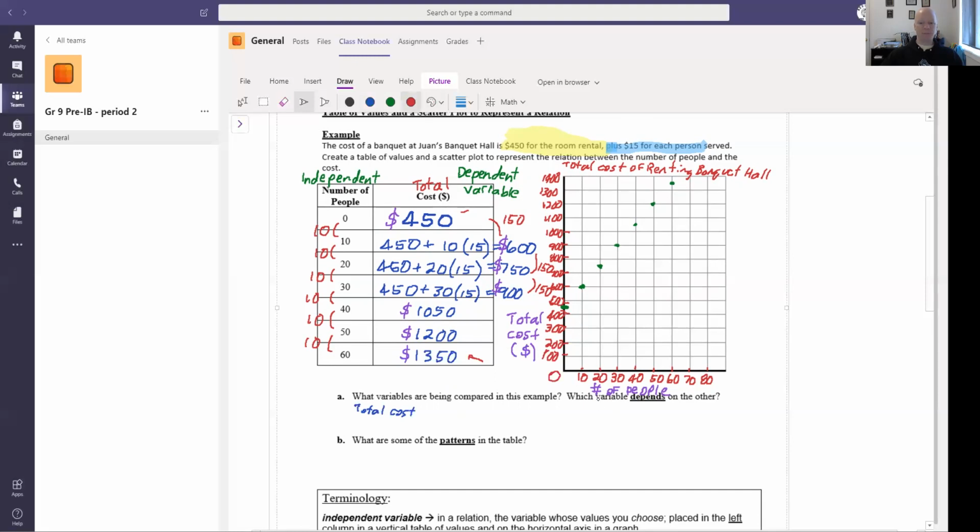Total cost depends on number of people. So total cost is one variable, and number of people is the other.